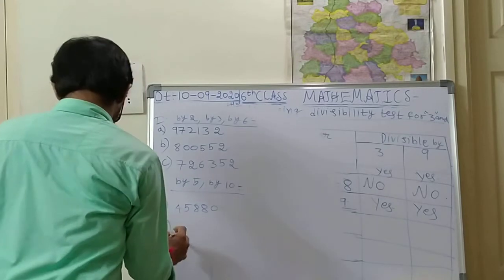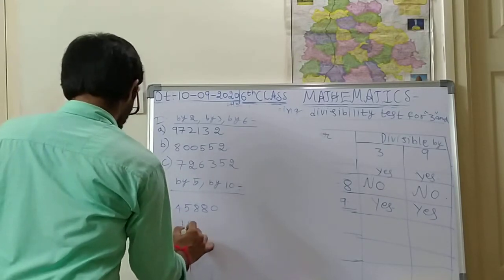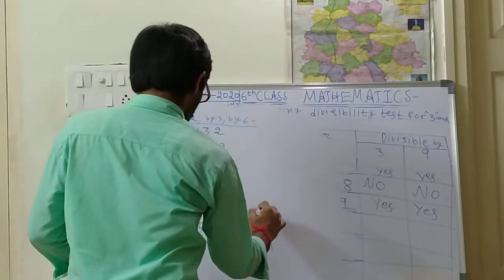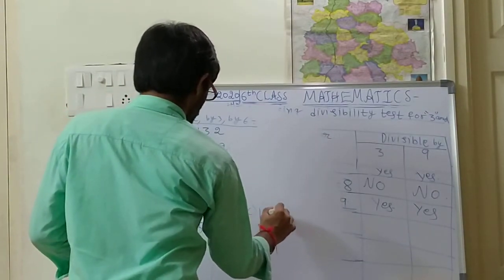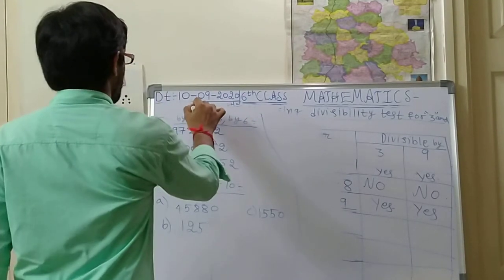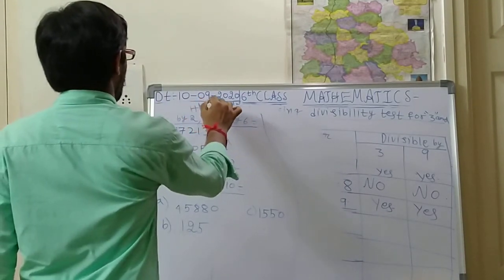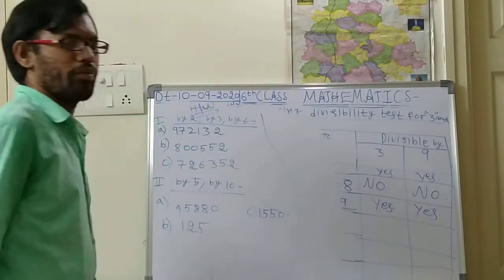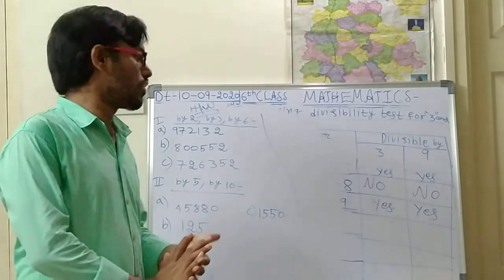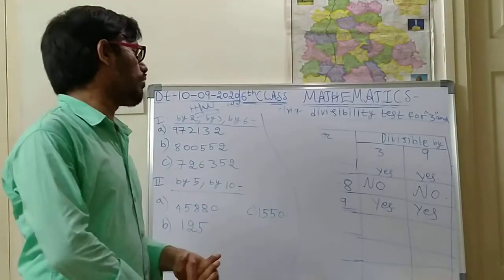Next B: 125. Next C: 1550. So these are the homework problems, children. These 2 bits and the third bit table, the table also you are supposed to complete. And I think you will be doing this homework very easily.